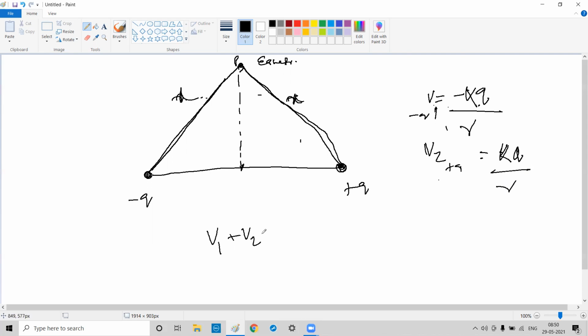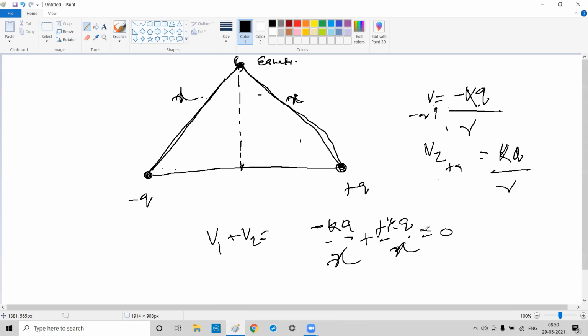V1 plus V2. So minus KQ by X plus KQ by X. What will happen? This will be 0. So the potential at the equatorial point for a dipole is 0. That's all. Very simple. Minus KQ by X plus KQ by X. Very, very easy.